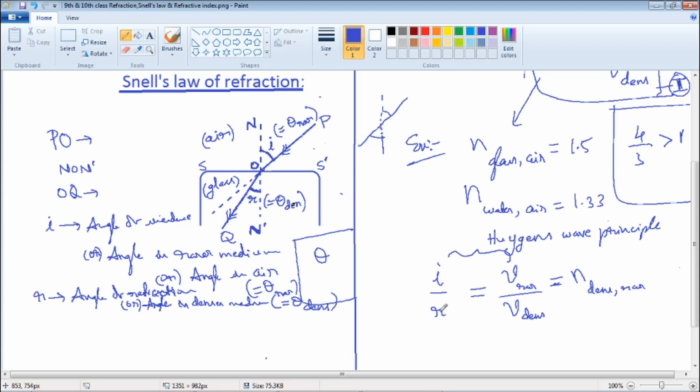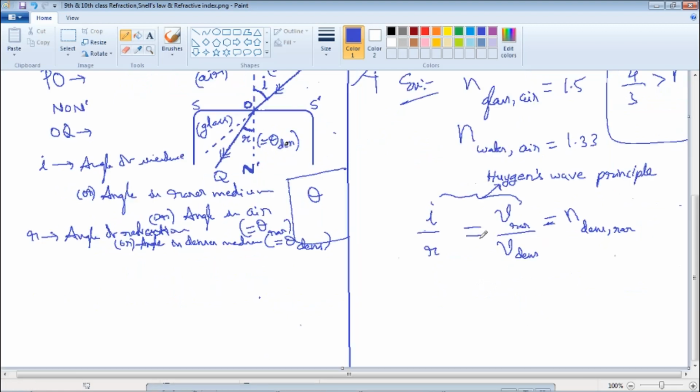Earlier, when I and R values are small, it is almost exactly equal to the refractive index of denser with respect to rarer medium. If the two angles are much bigger, it is still found to be roughly equal to the ratio of the velocity of light in the rarer medium to the velocity of light in the denser medium.